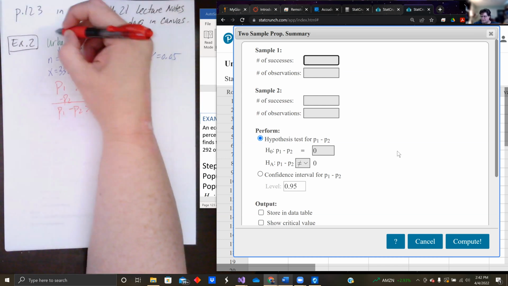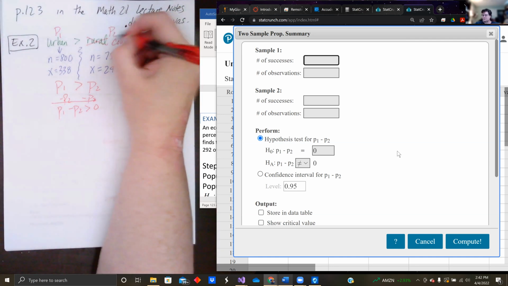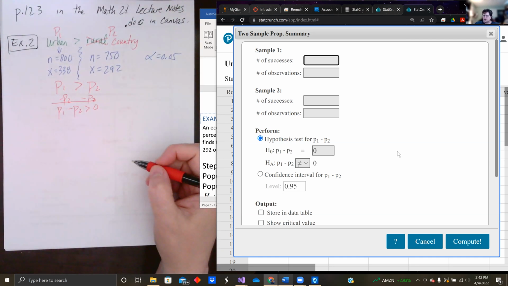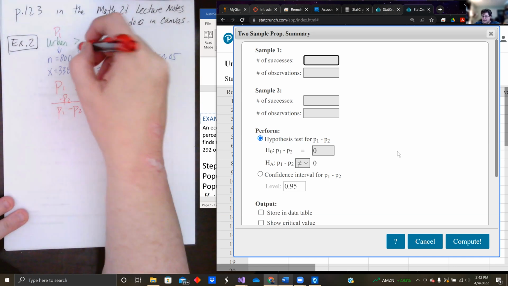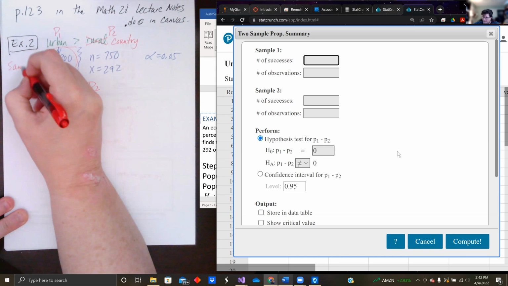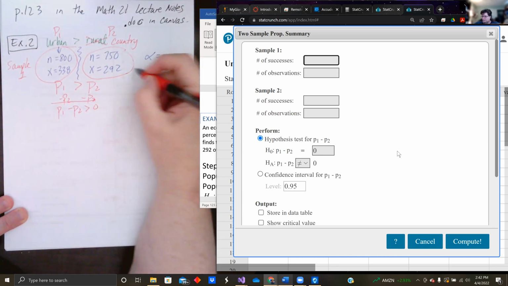Now I know all my urban data is p1, all my country data is p2. So this is sample 1, and this will be my sample 2.